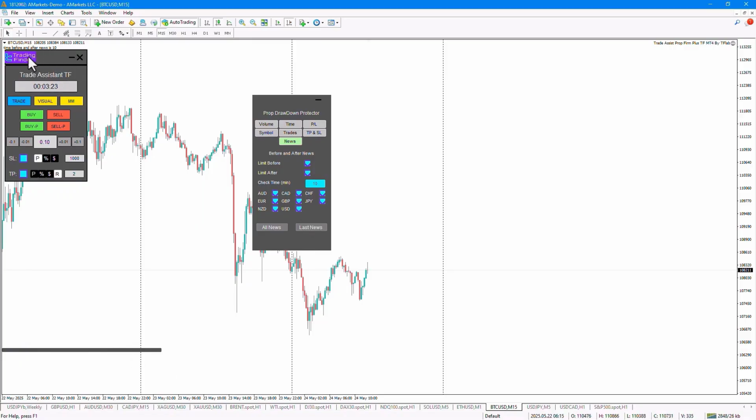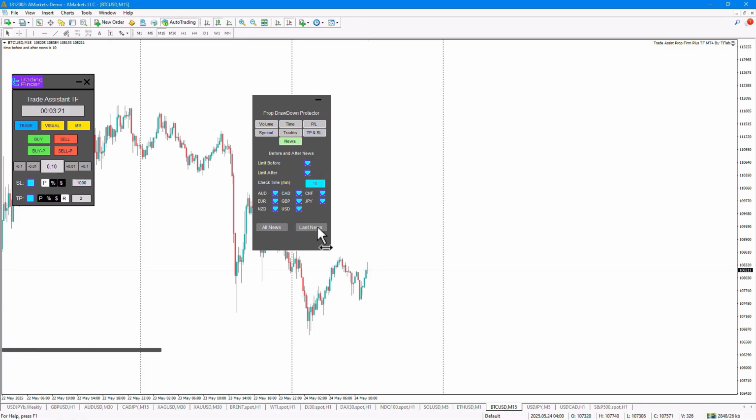By clicking on the Last News option, we can also see the latest news, but as we can see, no news is displayed for us in this section, and there is currently no news for today. In the lower section, we can see the 8 major currencies, and by enabling each option, we can view the news related to that currency and set a limit restriction.